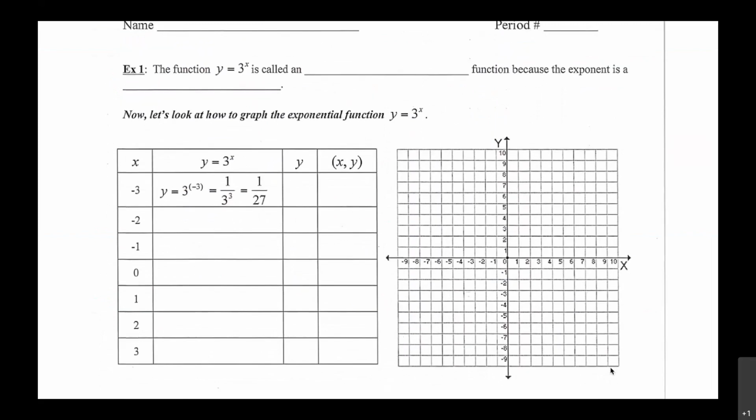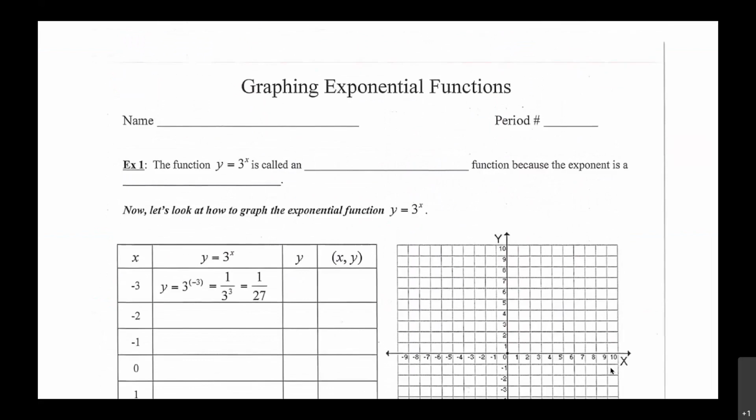That is called an exponential function because the exponent, the power, is a variable. Anytime the exponent has a variable in it, that makes it an exponential function. So y equals 3 to the x is an exponential function because the x is the power.